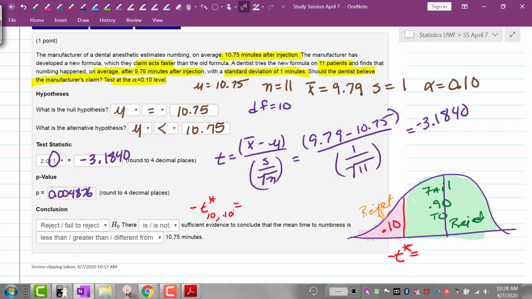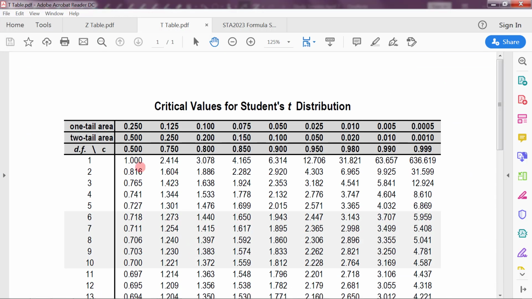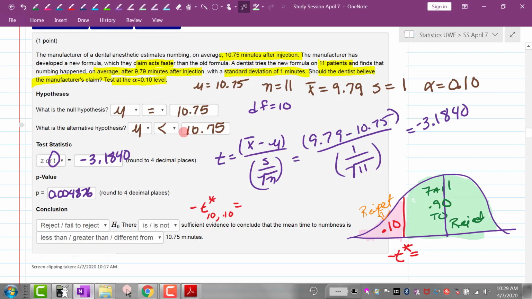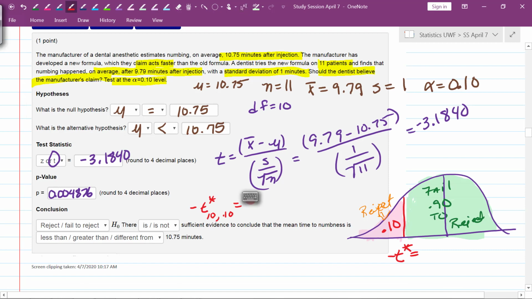So 0.10 right here, one-tailed test, 0.1, and we are at 10 degrees of freedom. So it's 1.383. So negative 1.383 is my T star value.